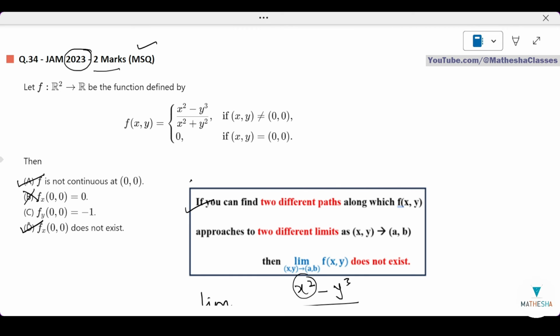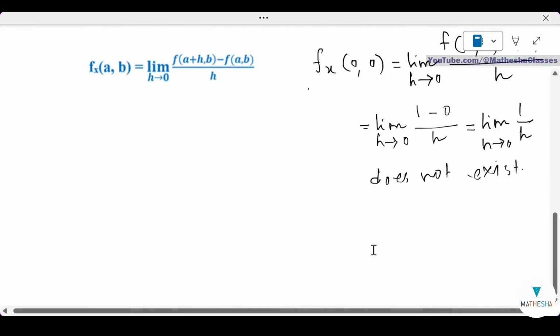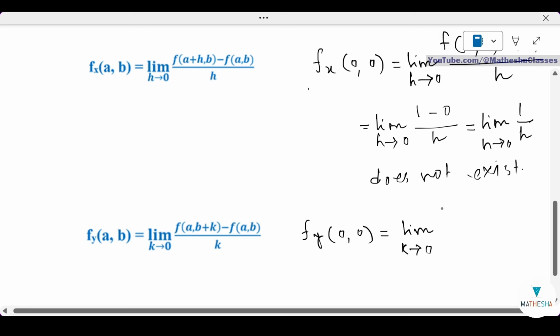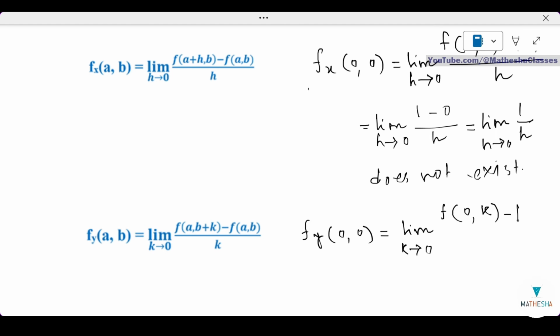Now let us calculate the third one, fy, और fy के लिए हमारे पास ये फॉर्मूला होगा. So let us calculate fy. fy 0 0 is equal to limit k tends to 0, f of (0,k), putting a equal to 0, b equal to 0, minus f of 0 0 upon k.